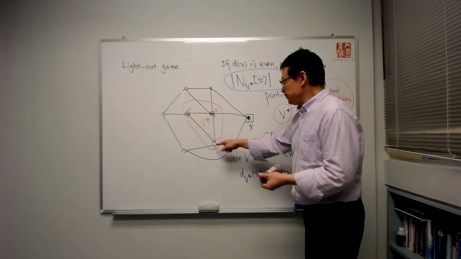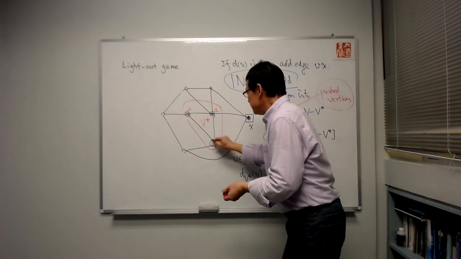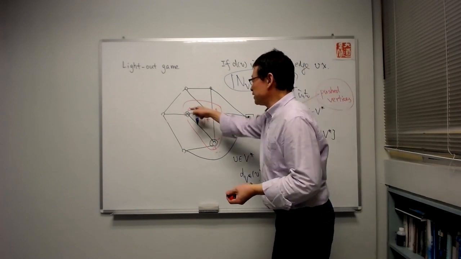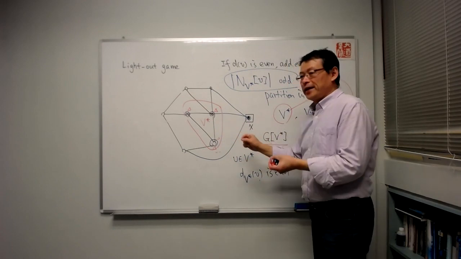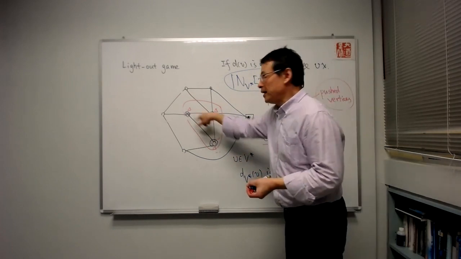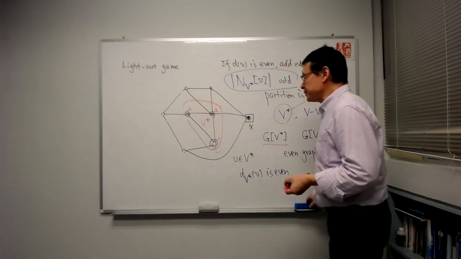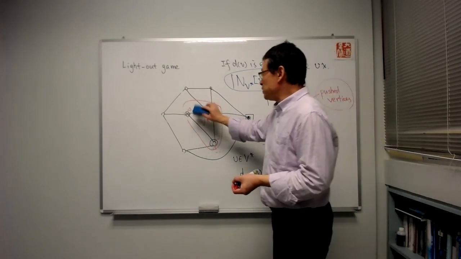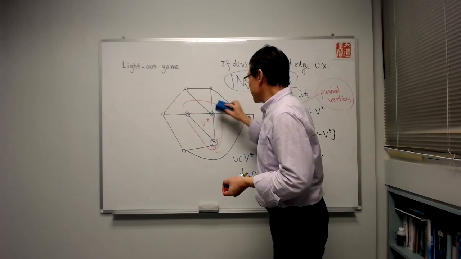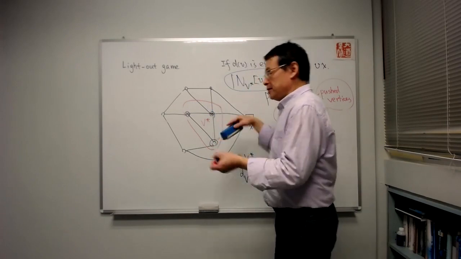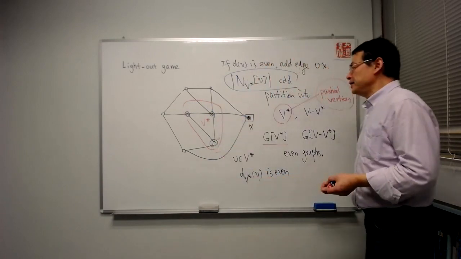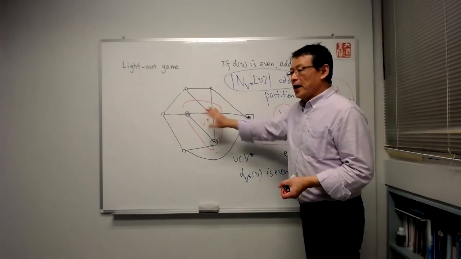Now when I push this vertex, then this one will be off, this one off, this one is off. In this particular case, it happens to be a triangle. If it's a 5-cycle, it will not happen simultaneously, right? Because in this case, it happens to be a triangle. So it's a clique. So they happen simultaneously. All right. So every element here will be off.